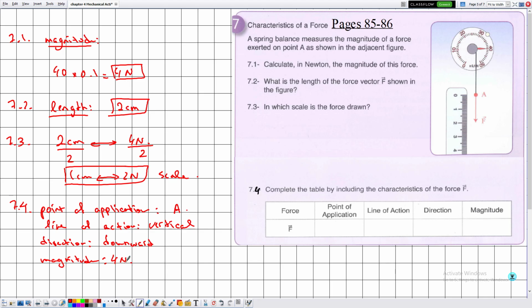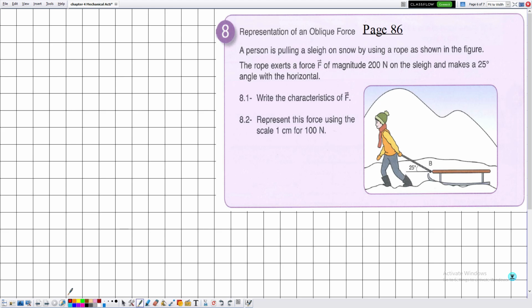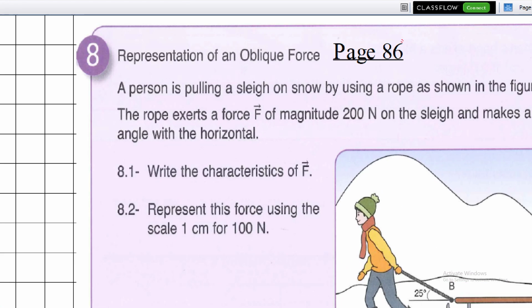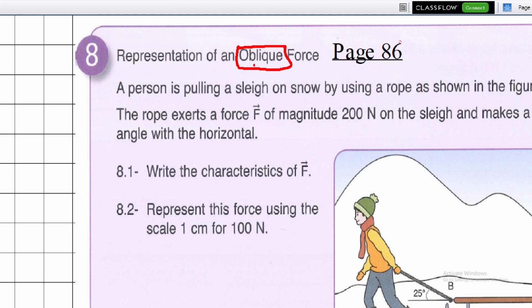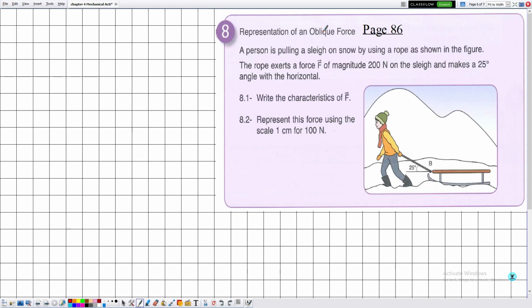Okay. Now let me move to the final exercise of this video, which is exercise number 8, page 86. Now they are telling me representation of an oblique force. So notice that the title of this exercise is very important. Here oblique represents the line of action of this force. So the force included in this exercise has a line of action which is oblique.